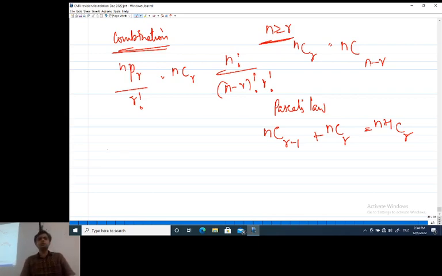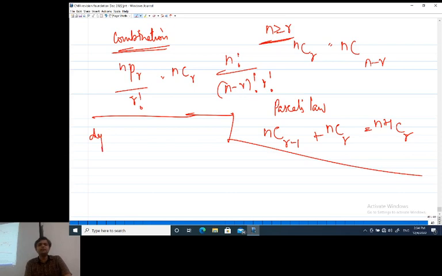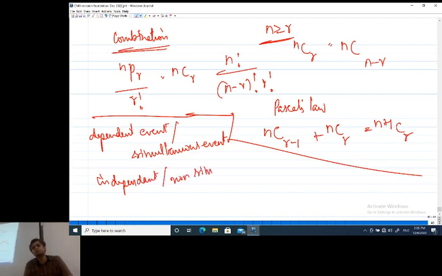So now coming into the last part of combination. There is something called a dependent event, or simultaneous event, and an independent event, or non-simultaneous event. A simultaneous event means if one variable changes here, you can choose all the others based on it, because that change will affect multiple options.